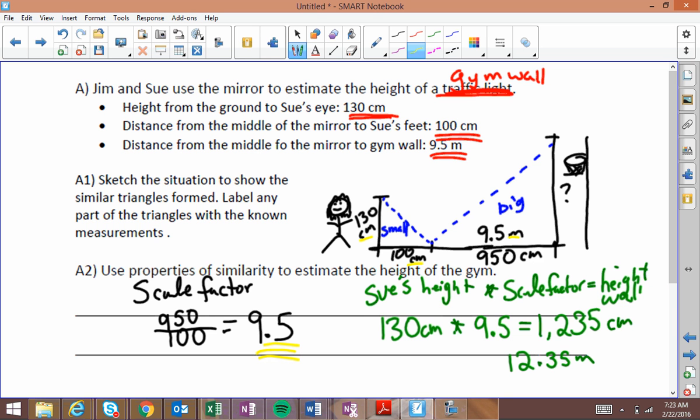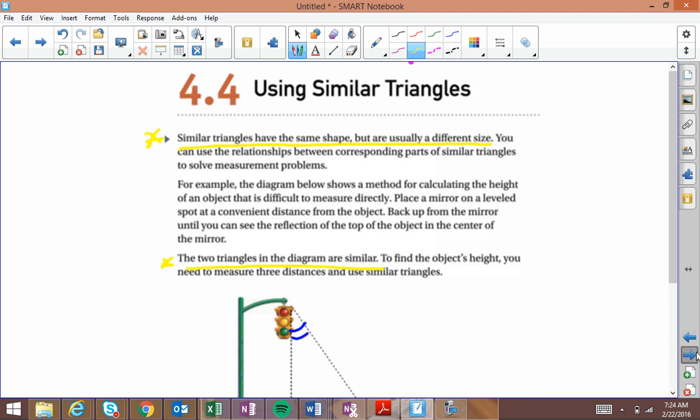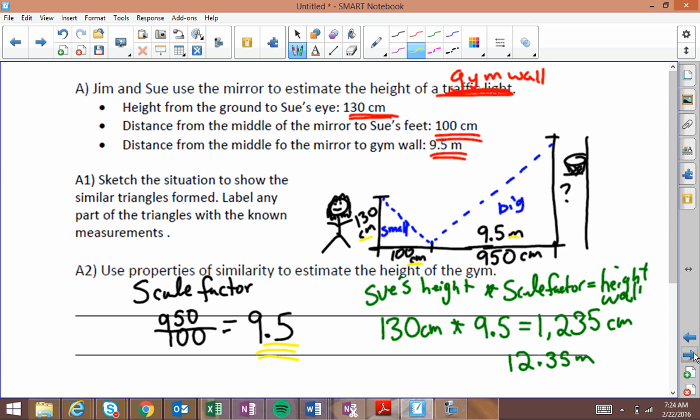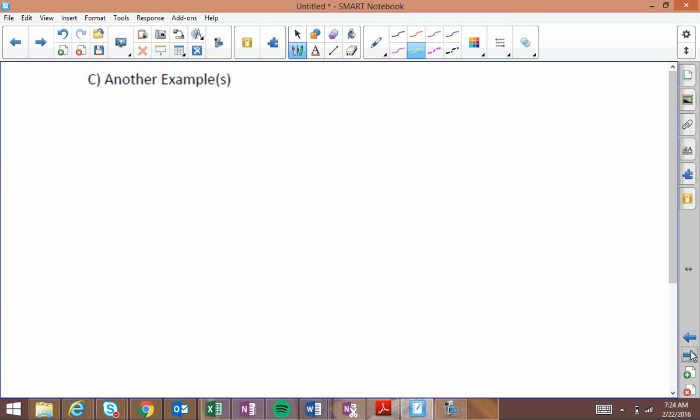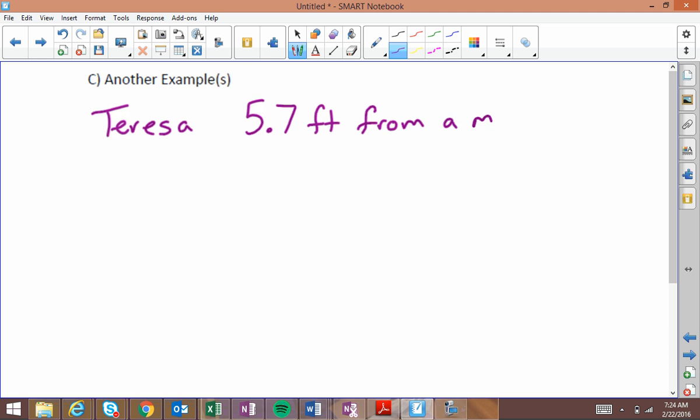Let's look at another example. We're actually going to be doing 2 more examples. So you can do one in the part C and then one in our main ideas. Our first example, we know that Teresa is 5.7 feet from the mirror.